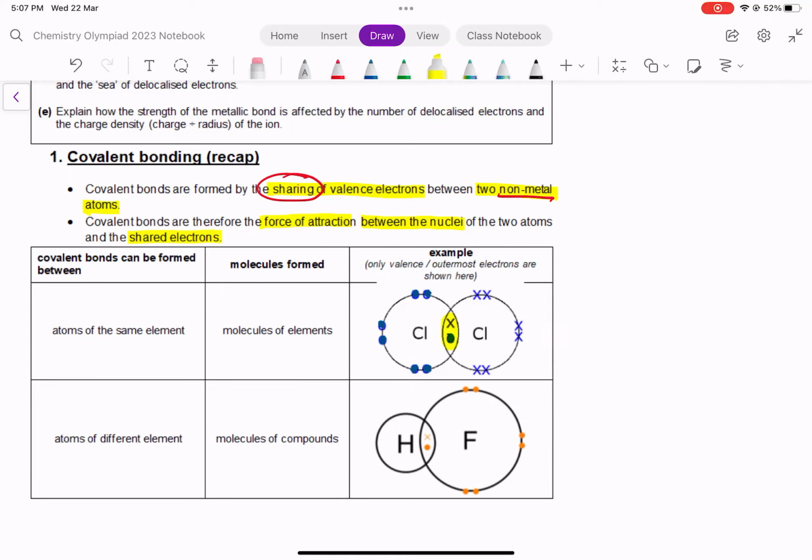Why do the shared electron pairs stay there? They are attracted to the nuclei of both chlorine atoms, the one on the left and the one on the right. Same with HF. So this is just a quick recap of covalent bonding.